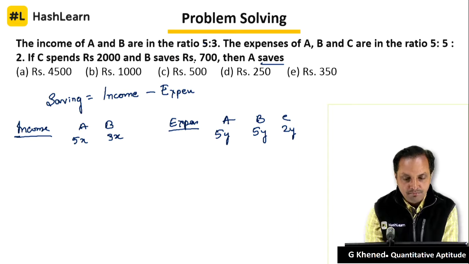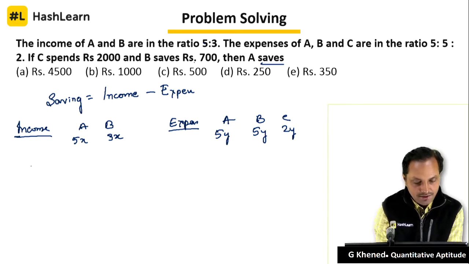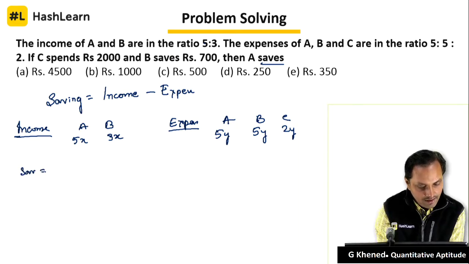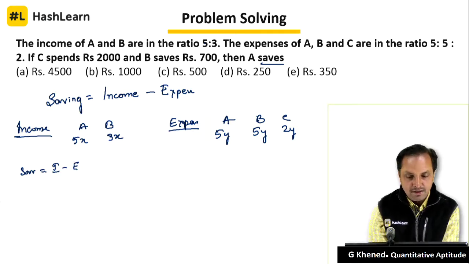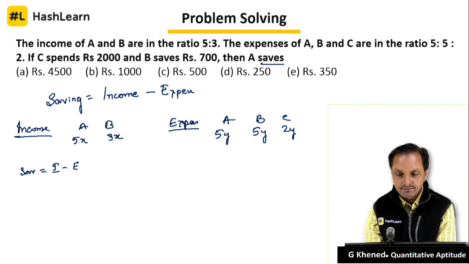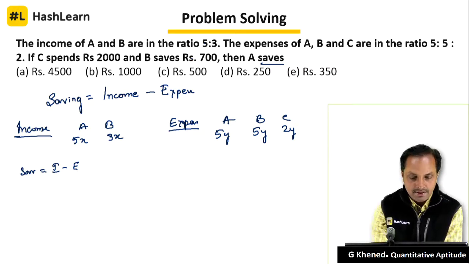And how much does B save? Your saving is income minus expense. B's saving is 700 rupees.